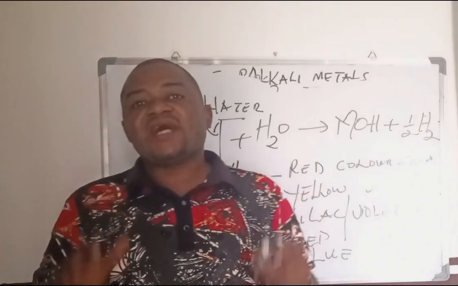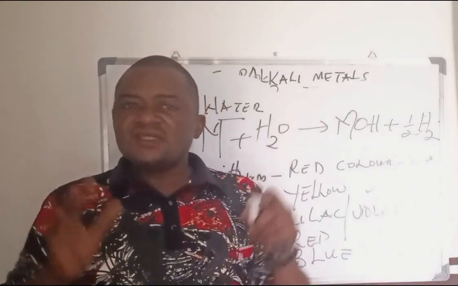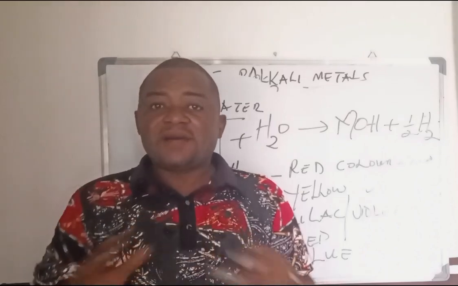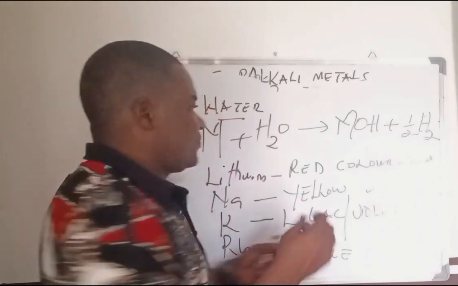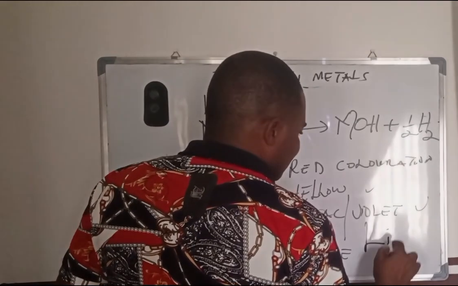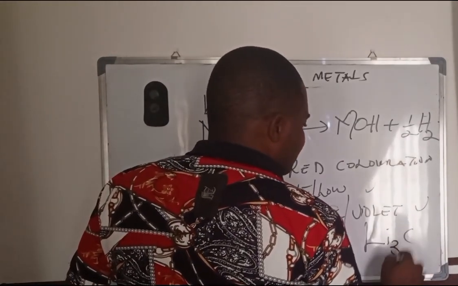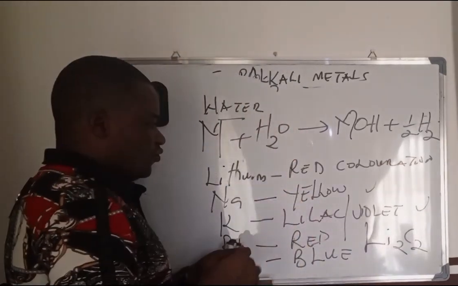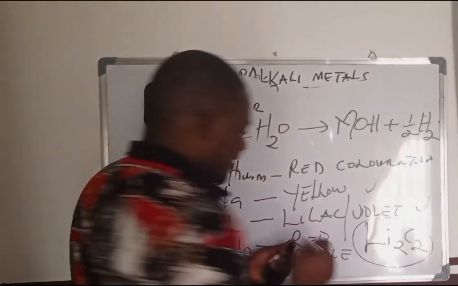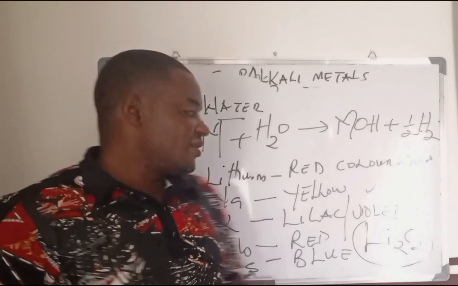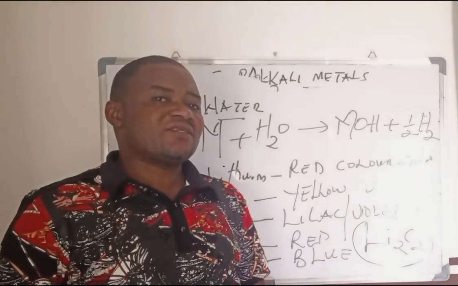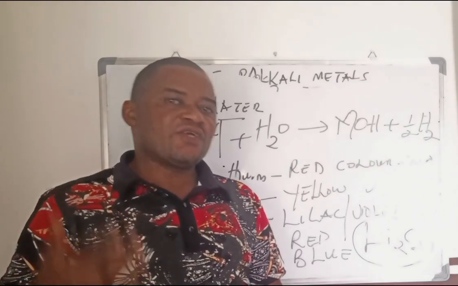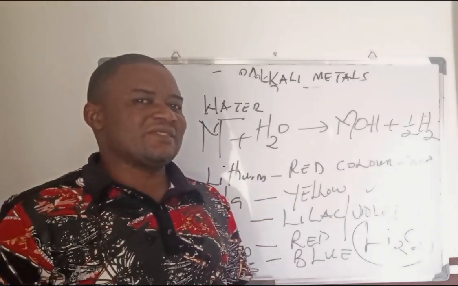Lithium metal also forms carbides, so lithium forms carbides just like calcium forms calcium carbide. Lithium also forms lithium carbide, and that is why lithium is always seen as possessing characteristics of the group 2 metals and not the group 1 metals.